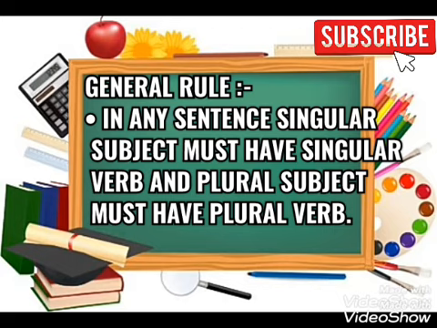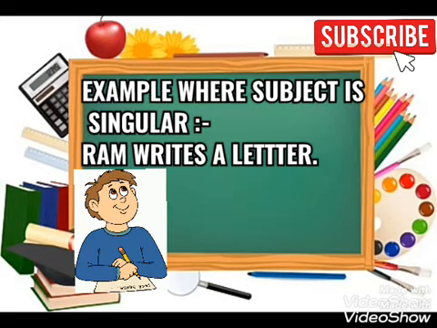This is the most important general rule. Let's look at an example where the subject is singular. Ram writes a letter. Here the subject is Ram, which is singular. So the verb also must be singular. In this case, it is writes.